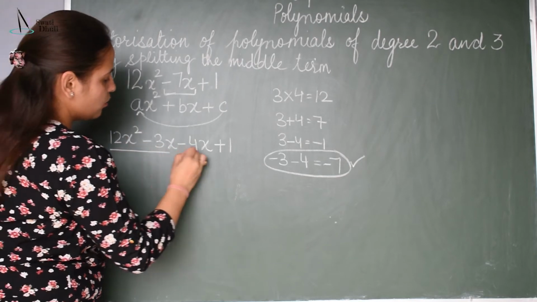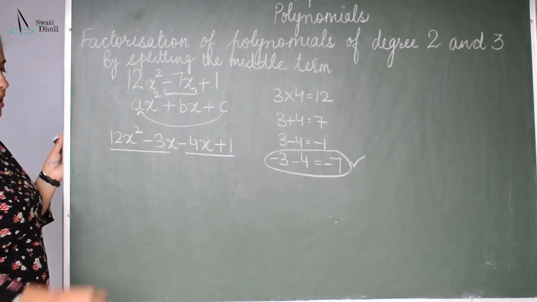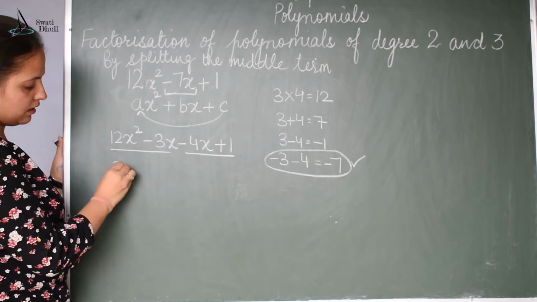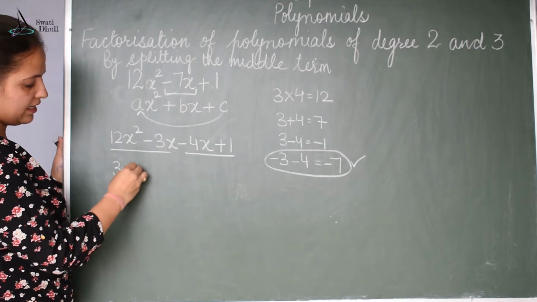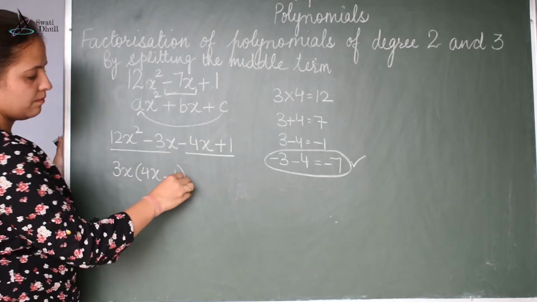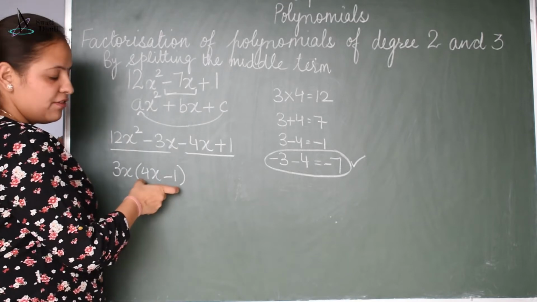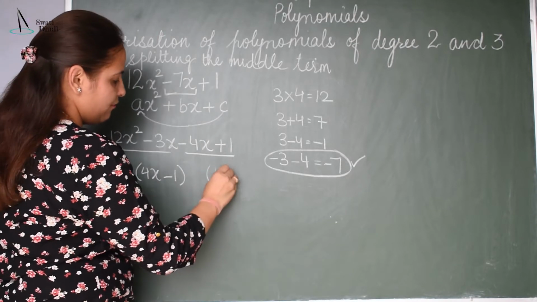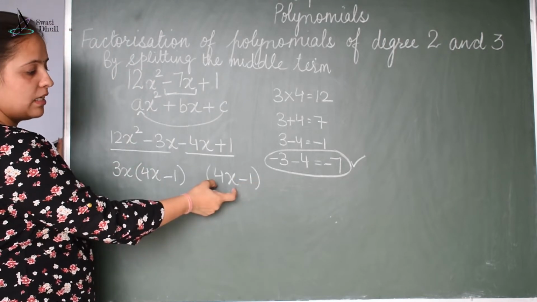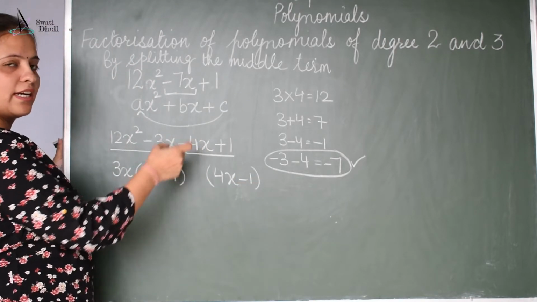Now what you have to do is, you have to make the pairs. After making the pairs, see what I am getting common. What I am getting common is 3 and then x. What I have left with? 4x minus 1. Whatever the factor you are getting here, write the same factor as it is. Now see, 4x is to be multiplied by which term so that you will get minus 4x.